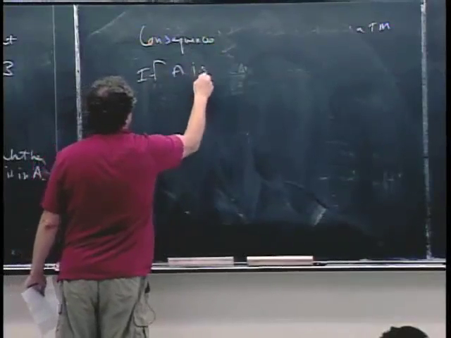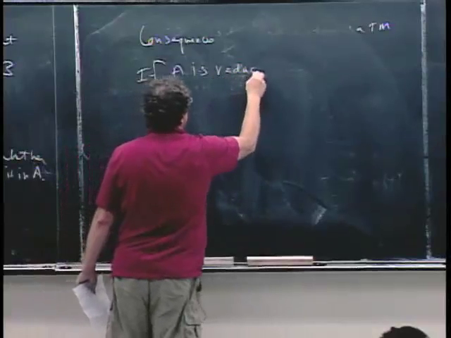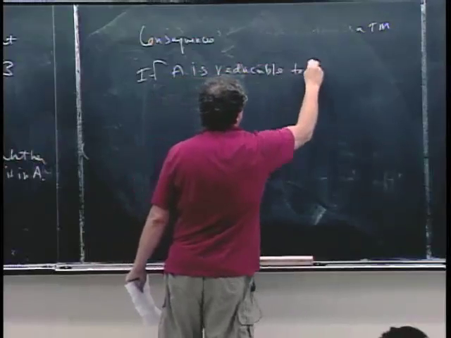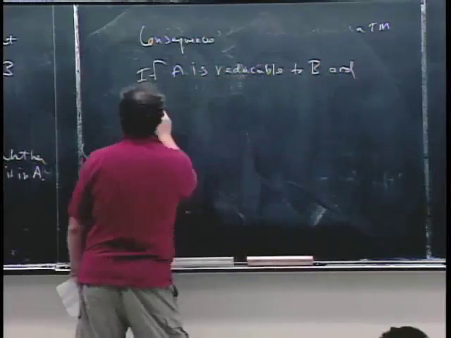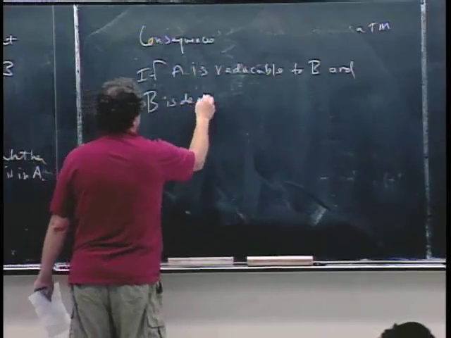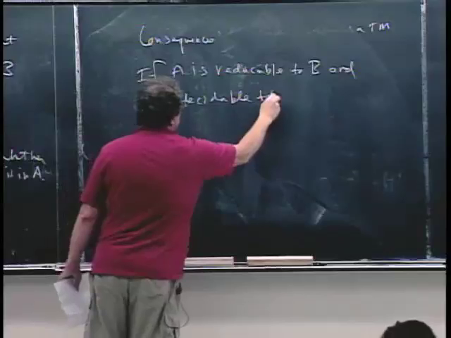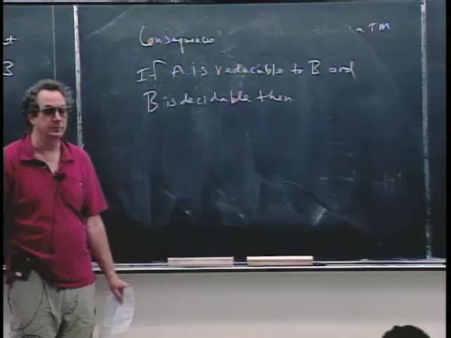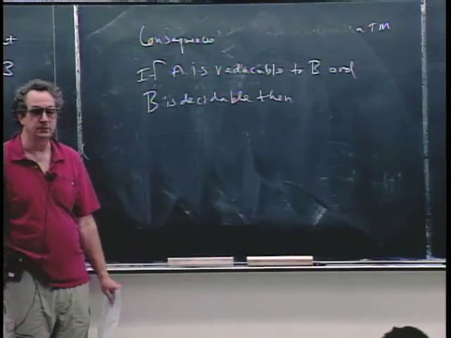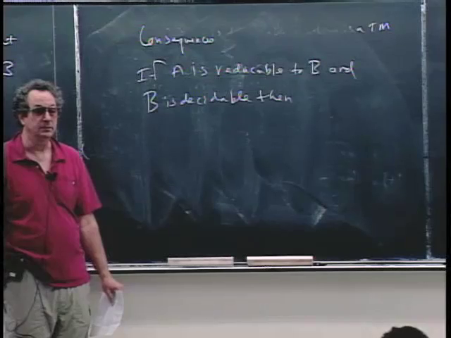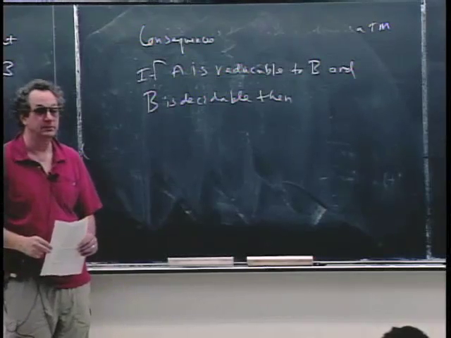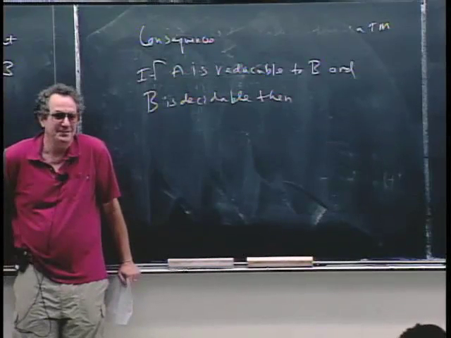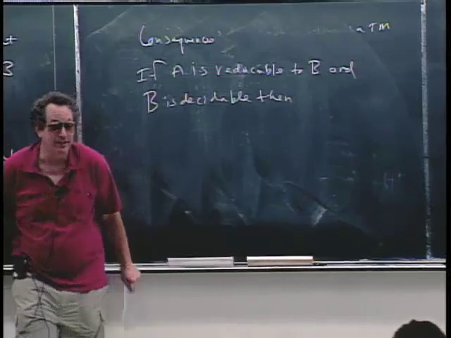If A is reducible to B, and B is decidable, then what? I'm just going to stand here until somebody answers. Then A is decidable. Yeah, right.